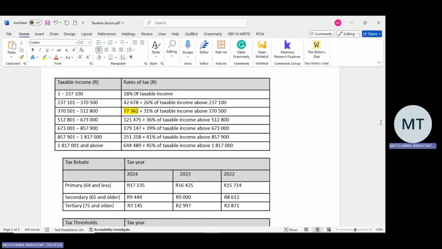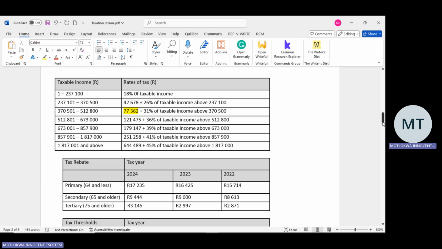We are going to take that 370,500 under tax bracket number 3, then minus the amount above on top, which is 237,100. If you are able to do this first step that I'm talking about, you won't get lost.